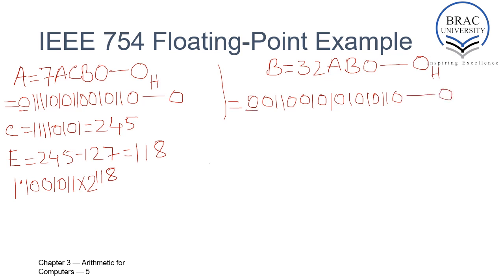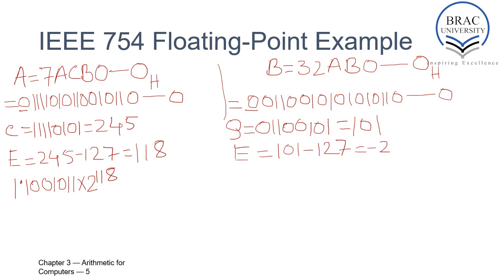So similarly, the MSB bit is 0, so B is going to be a positive value, and then the exponent is 0 1 1 0 1 1, and then 0 0 0 0, and then 1 0 1 1 0 1, which would give us 101. So our actual exponent E would be 101 minus 127, which is minus 26.